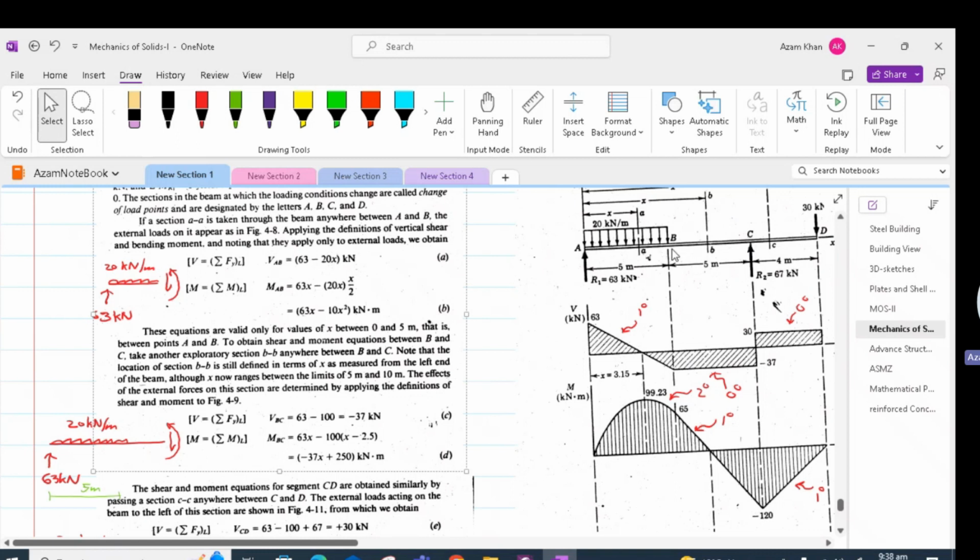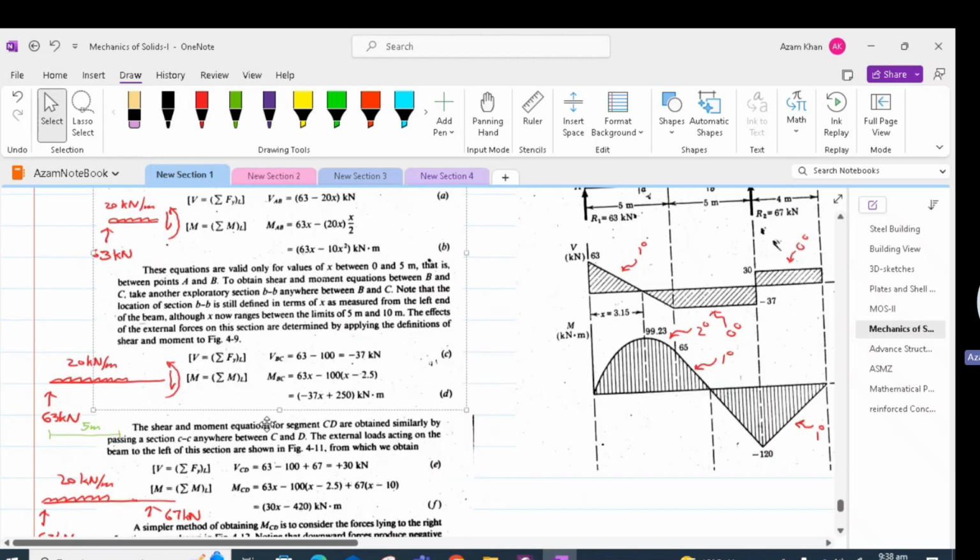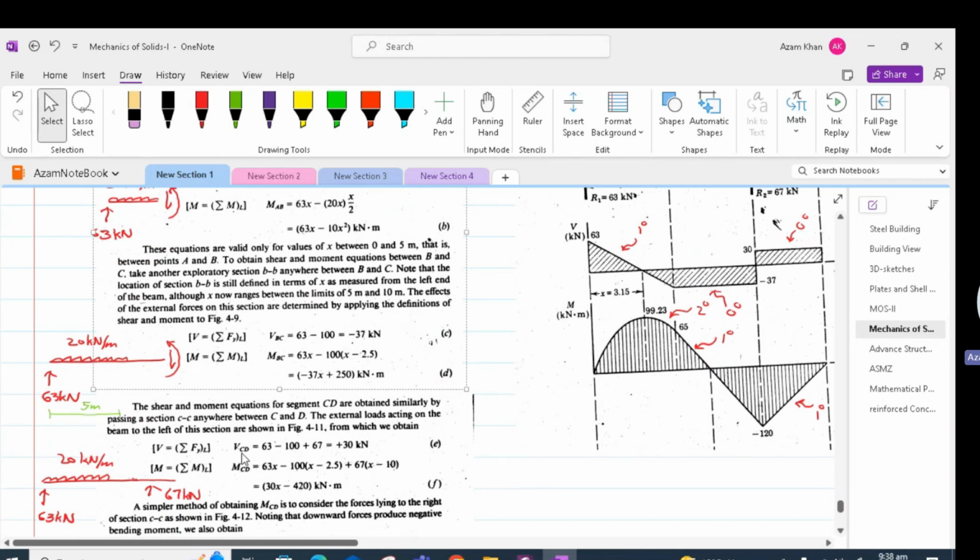Therefore, the shear at C determined from VBC will not be the same as the shear at point C due to CD, and that is very clearly seen in this equation. The VCD is 30 kilonewton positive and VBC is minus 37 kilonewton negative for the whole region.